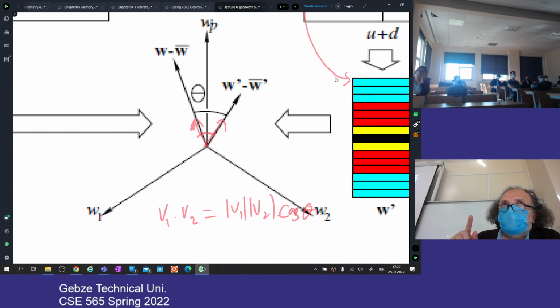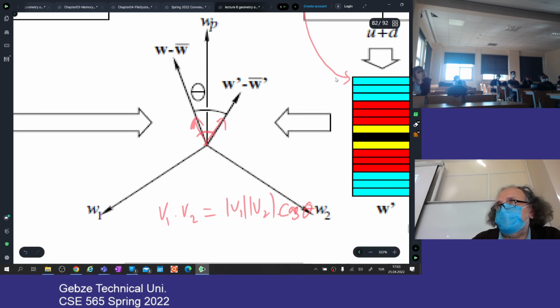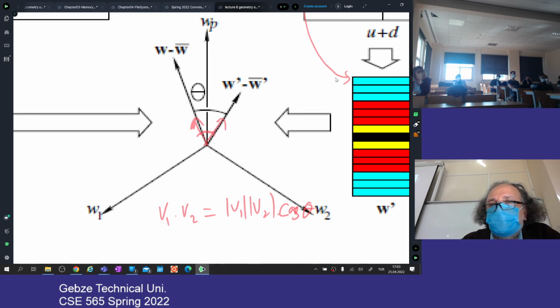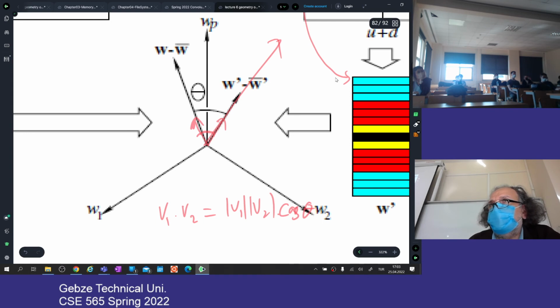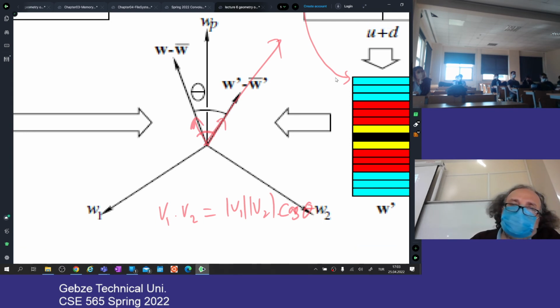So the cosine of the angle between these two vectors: if these two vectors are the same, this angle will be 0, right? If one of them is brighter than the other one, then it will be longer, but the angle between them is still 0. If one of them is darker, again, the angle between them is 0, but one of them will be darker. That's what we are going to do.